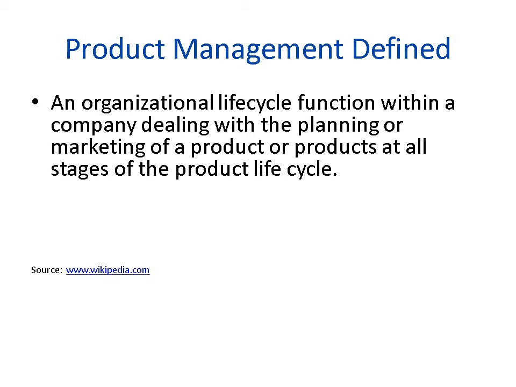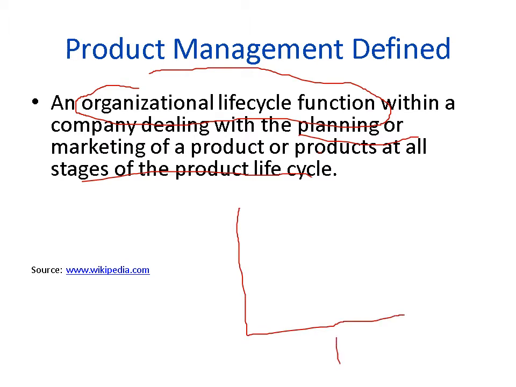And another definition is that product management is an organizational life cycle function within a company dealing with the planning or marketing of products in all stages of the product life cycle. We know that the product life cycle, if this is time and this is the different stages, starts from the introduction stage, growth stage, and maturity stage.